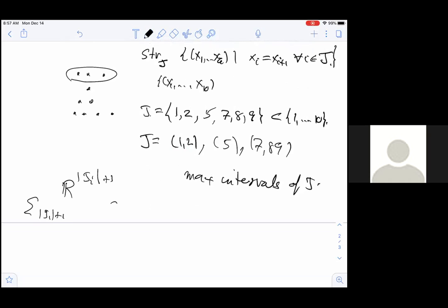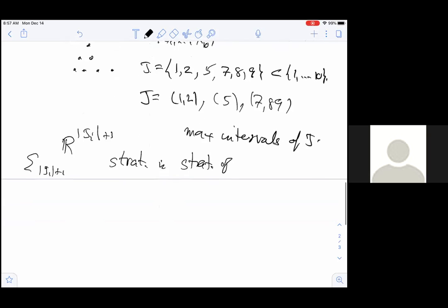And the stratification is the stratification you see of the simplex delta of length of J embedded in the standard way in R to the length of Ji plus 1.